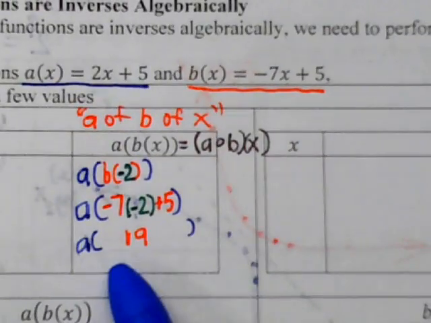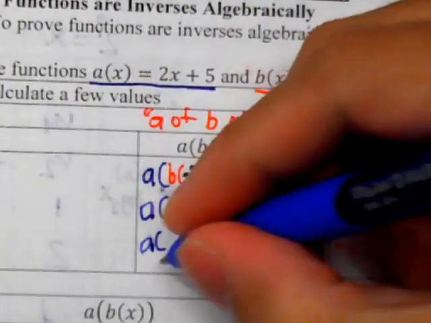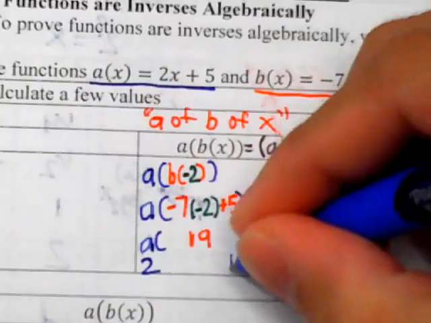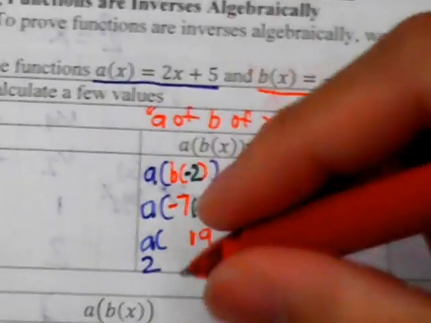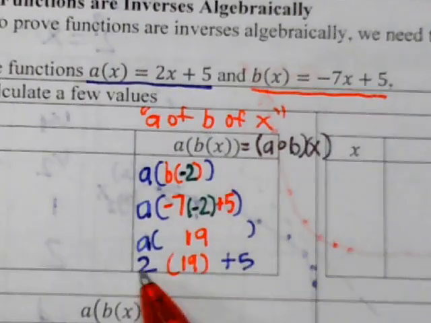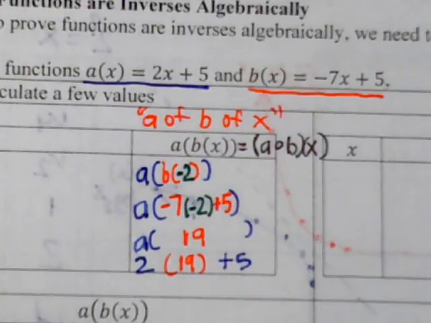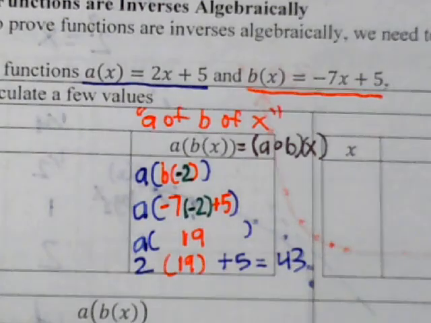You keep the 2, you keep the plus 5 at the end, but x is now 19. 2 times 19 would be 38, plus 5 would be 43. So when x is negative 2, A of B of negative 2 simplifies down to 43.